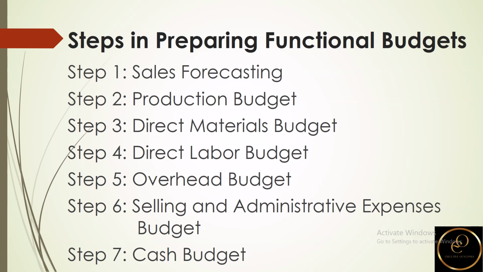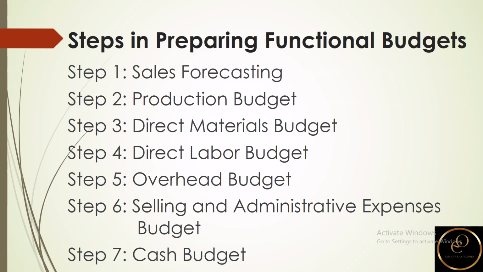You can talk about the material utilization or usage budget, where you are focused on the quantity of materials to be used in production. You can also talk about the materials cost budget.